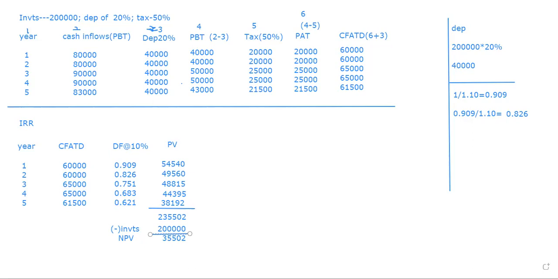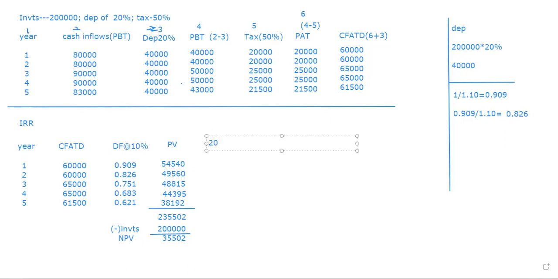Rather than going for 12, 14, 15, 16, I know every discounting factor change is going to change things by around 3 to 4,000. But I need a negative, which is a difference of around 35,000. So why not go directly to 20? Let's try at 20 percent. I doubt I may still get a positive, but let me try.